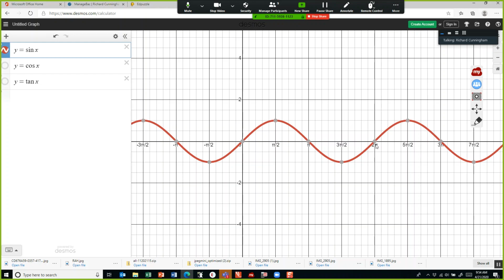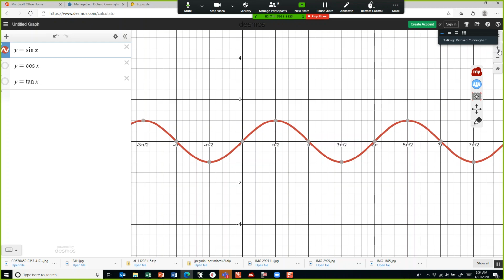It's doing it every 360 degrees. The way I would say it is it's repeating every 360 degrees. It's starting again and doing exactly the same thing. So every 360 degrees, or 2 pi radians, it is repeating.